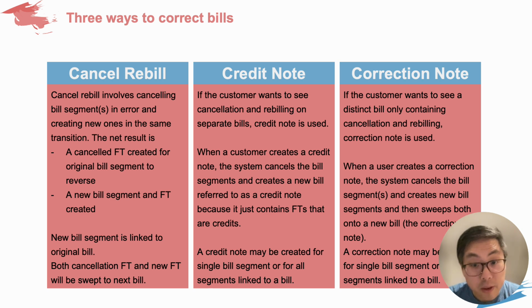It creates a financial transaction to cancel out, and the bill segment stays on the original bill, and it creates a new bill which contains these financial transactions, and the bill cancels out the original bill.